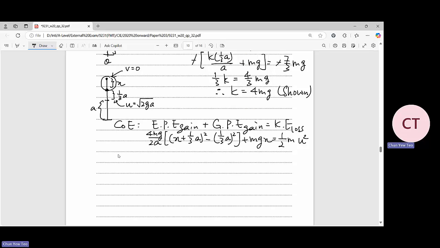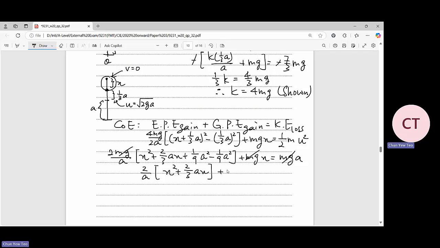So you have 2mg over a times x squared plus 2 over 3 ax plus 1 over 9a squared, minus 1 over 9a squared, plus mgx, equals u squared, which is 2ga, so it will be mga. Cancel the mg. Then you will get 2 over a x squared plus 2 over 3 ax plus x equals a.